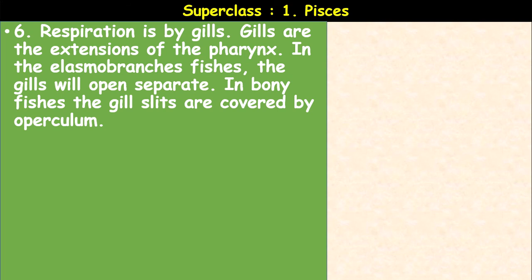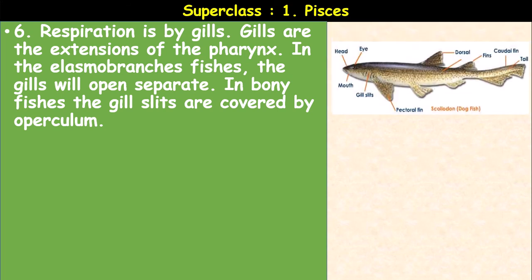In bony fishes, the gill slits are covered by operculum. Operculum is present. Okay, so the scoliodon or dogfish is an elasmobranch fish. Here there is no covering on the gill slits, they are open.